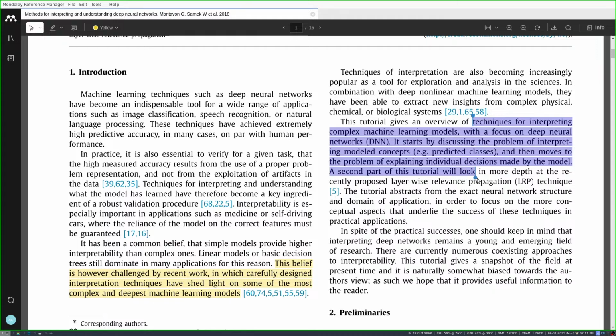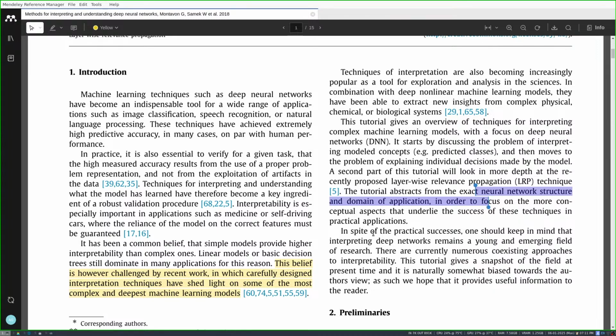The second part of the tutorial will look in more depth at the recently proposed layer-wise relevance propagation technique. The tutorial abstracts from the exact neural network structure and domain of the application in order to focus more on the conceptual aspects that underlie the success.